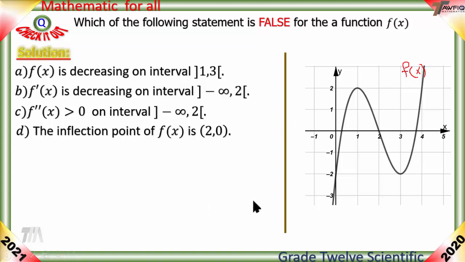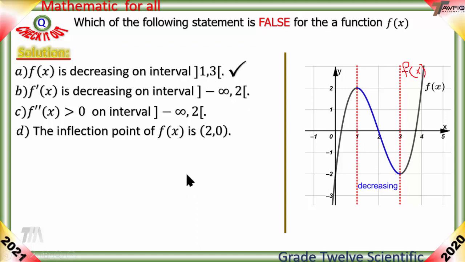Now let us think about the first one. f(x) is decreasing on the interval (1, 3). f(x) has two local extrema, one of them is a local maximum and the second one is a local minimum, and the function f(x) is decreasing on the interval (1, 3). That means this is a correct statement.